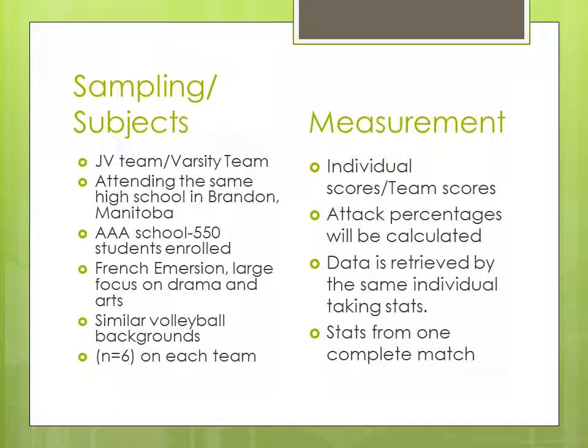An attack error is when the other team cannot continue play on the ball. So if it goes out of bounds or if it goes into the net or if it gets blocked, that is considered an error. Attack percentages are calculated based on individual total produced errors subtracted from total successful kills. This retrieved number will then be divided by total attempts in the match.